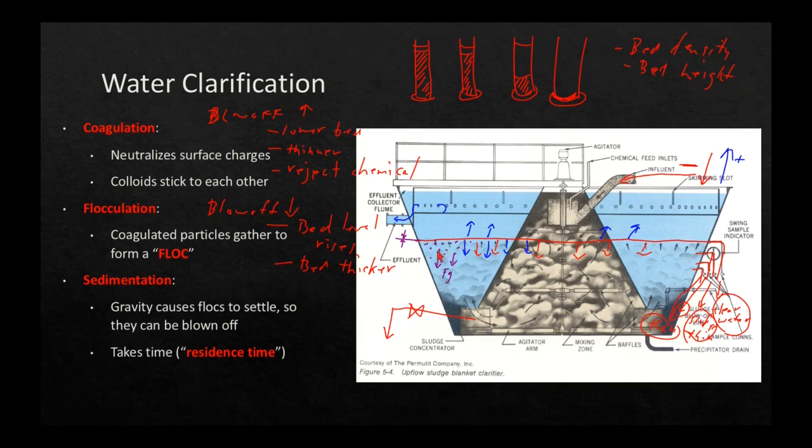But then there's also a force of the water flowing upward on those particles. So there's another force. And where those forces equalize, that's where the bed level is. Ain't that neat?